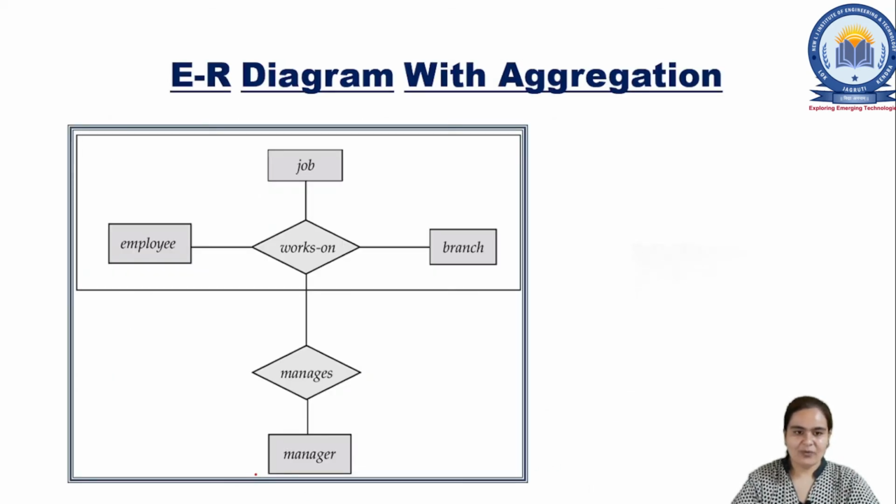This is how we can represent aggregation in our ER diagram: the employee, job and branch are associated for a particular employee, and all the information associated with this employee and the relationships will be related to the manager.